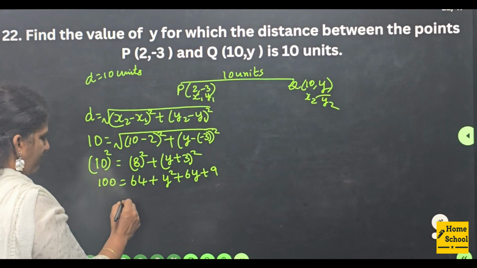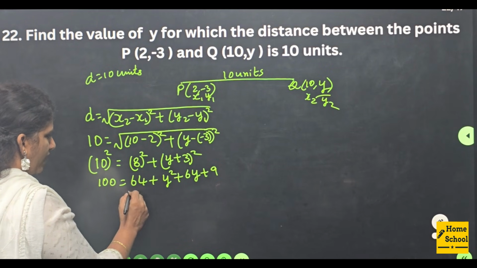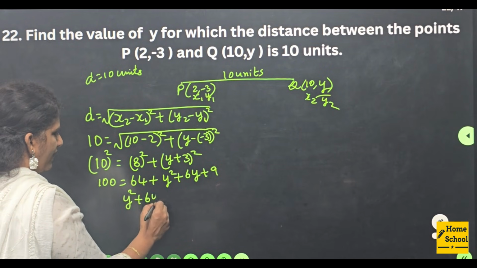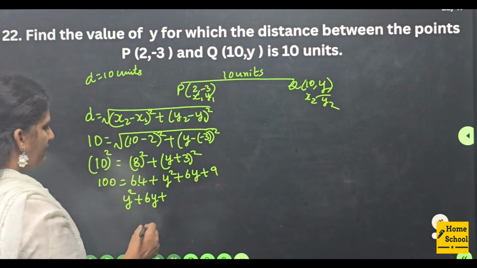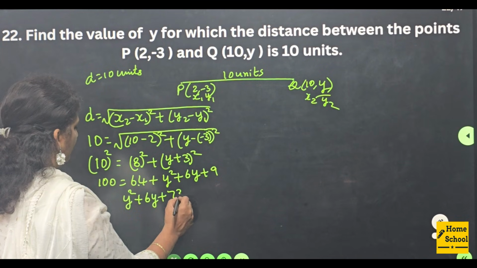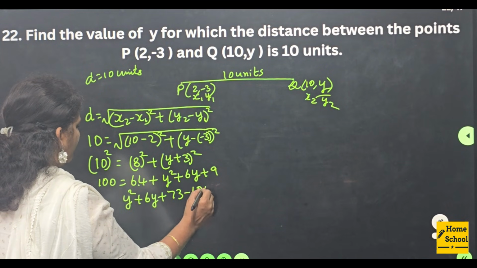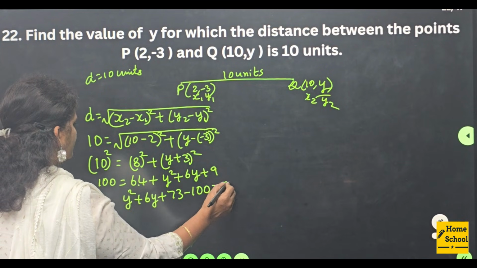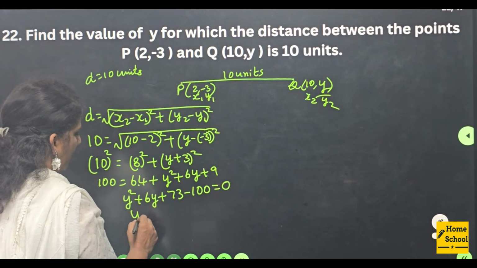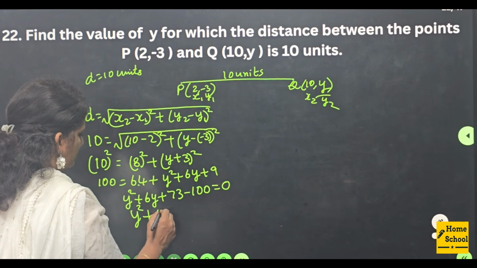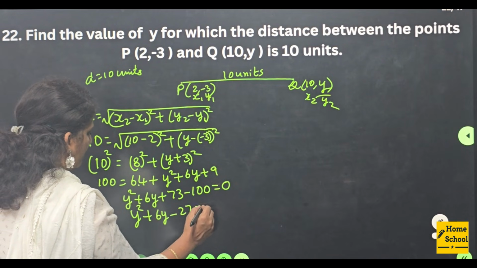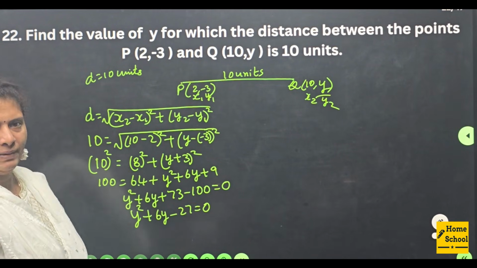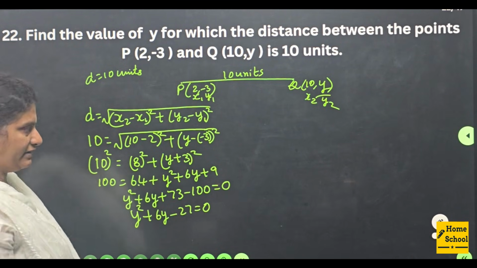Now bring all to one side: y square plus 6y plus 64 plus 9, it will be 73 minus 100 is equal to 0. y square plus 6y minus 27 equal to 0. We need to find the factors.